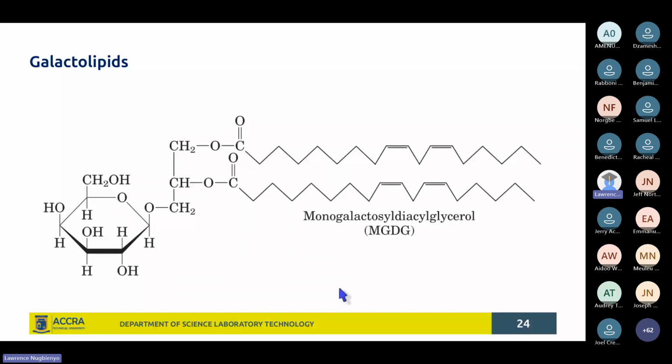So this is why I was mentioning earlier that if you are doing some extraction from plants, say some oil extraction, where exactly are you extracting the oil from? I mean, you are extracting the oil from the cell membranes, because it's in the membranes that you have a lot of these lipids.